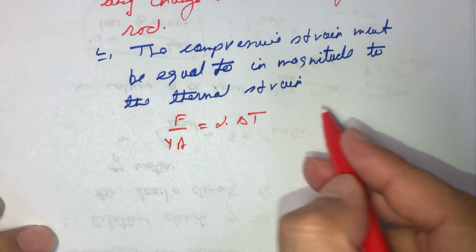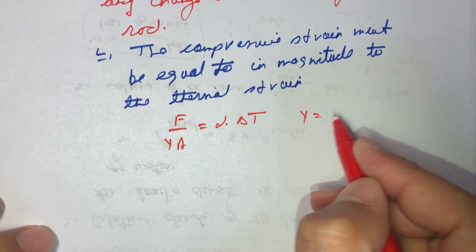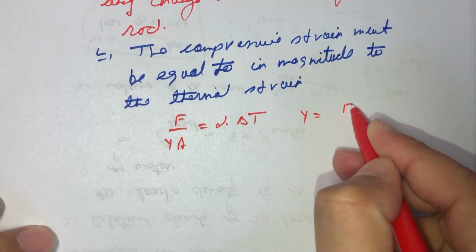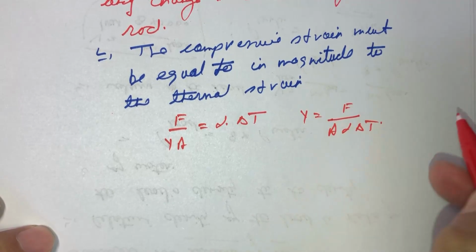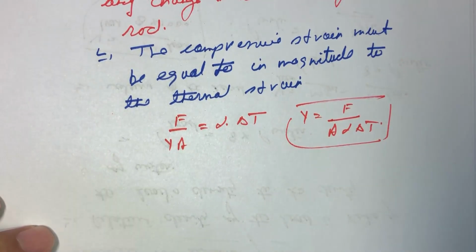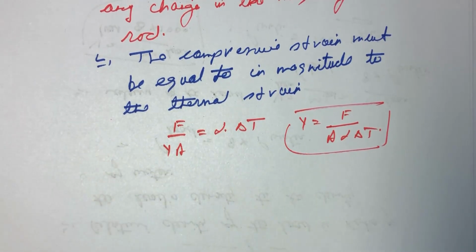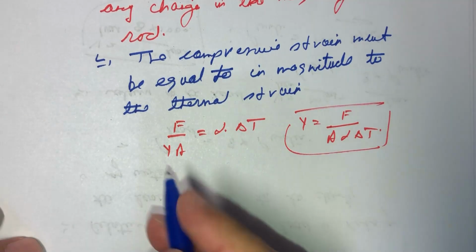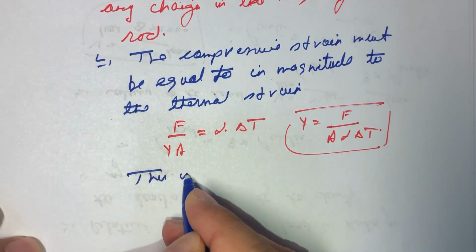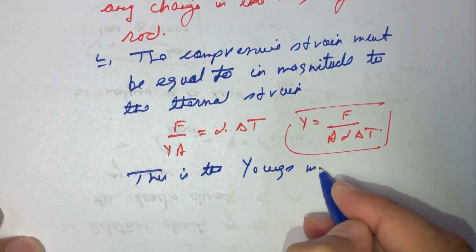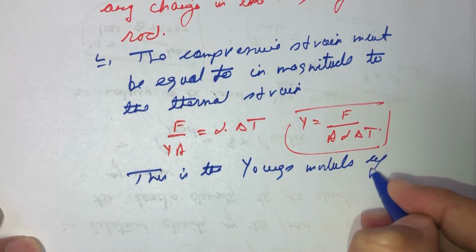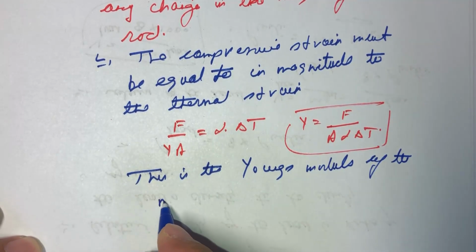So from here we can say Y is equal to F divided by A alpha delta T. So this is the Young's modulus of the metal.